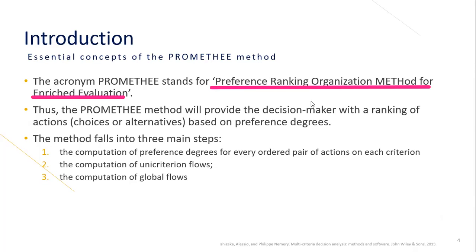So basically you will provide a ranking among the options that you have. It is a method to give the decision maker a ranking among the actions or alternatives that you want to choose. The ranking is based on preference and enrichment evaluation. So that's why it's called like that.